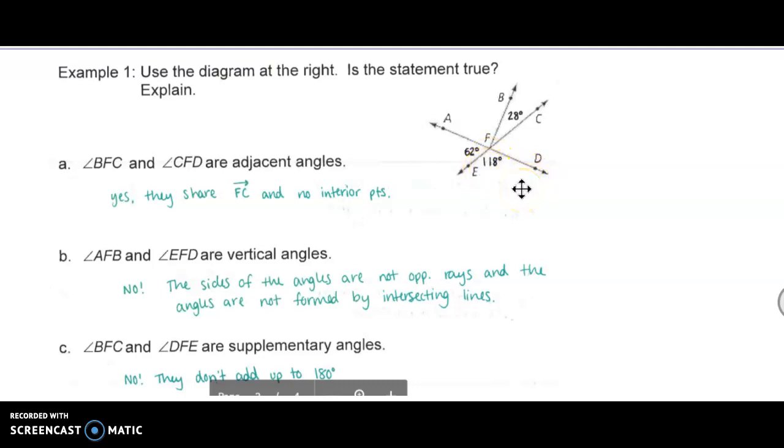If they were going to be vertical angles, here's EFD, right? Then the vertical angle to EFD is actually AFC, okay? For part C, these are not supplementary, they don't add up to 180 degrees, okay?